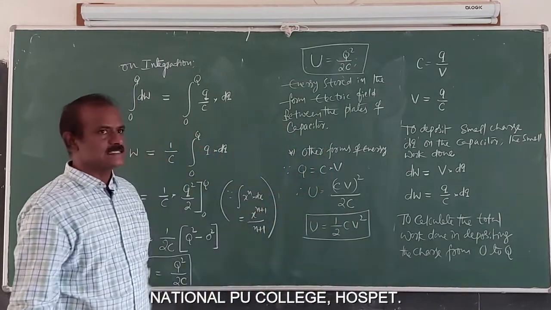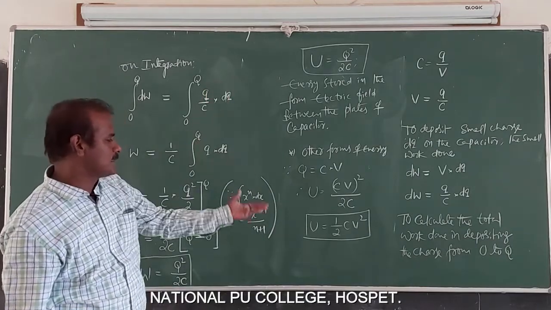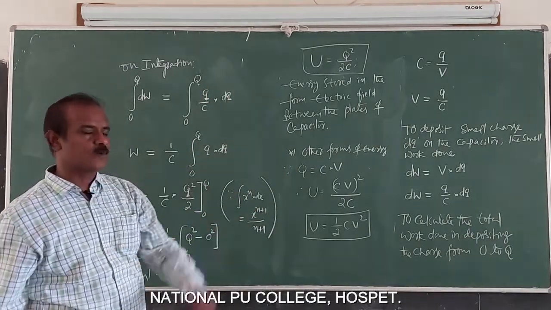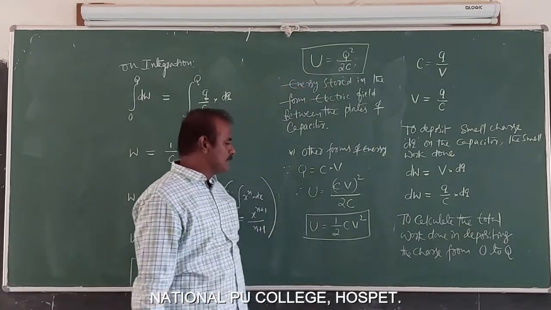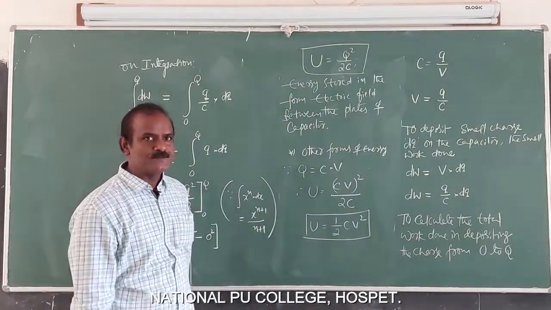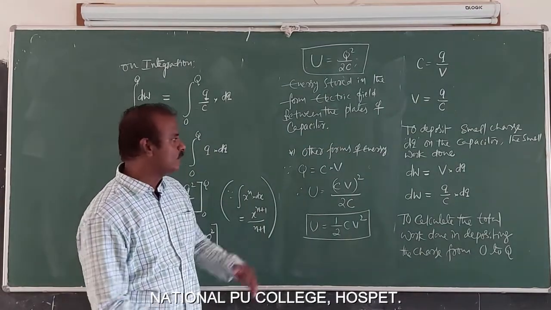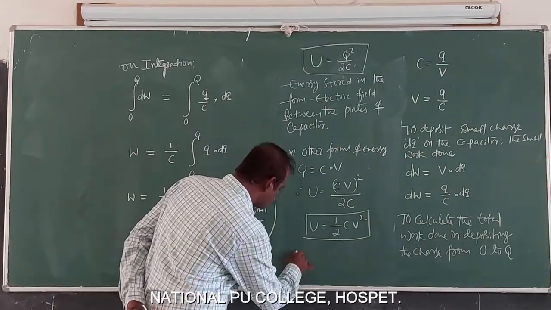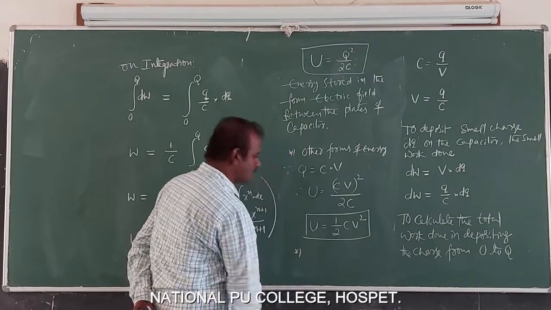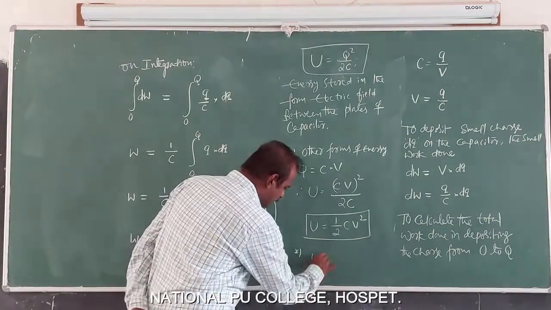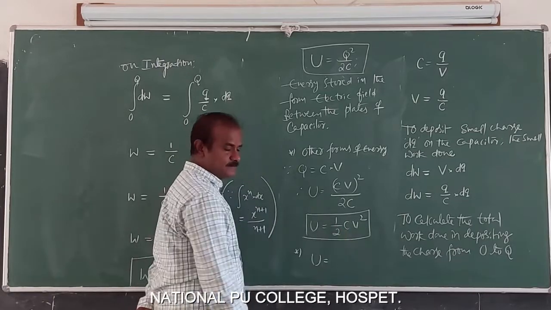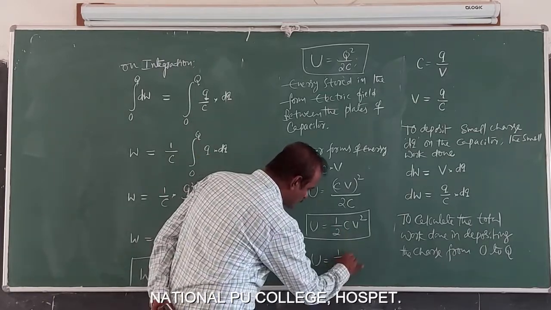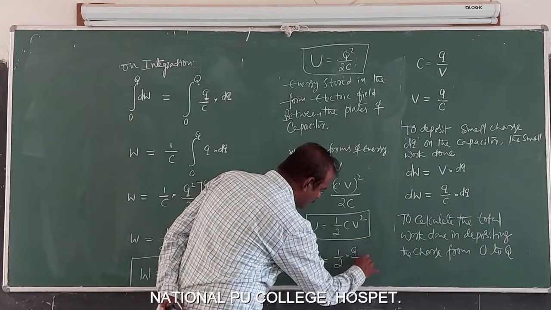This is the second form. First form, second form. Still there is one more form we can write. So this is in terms of Q and C, this is in terms of C and V. You can also write in terms of Q and V. If you replace C with Q by V, you will get half into Q by V into V square.